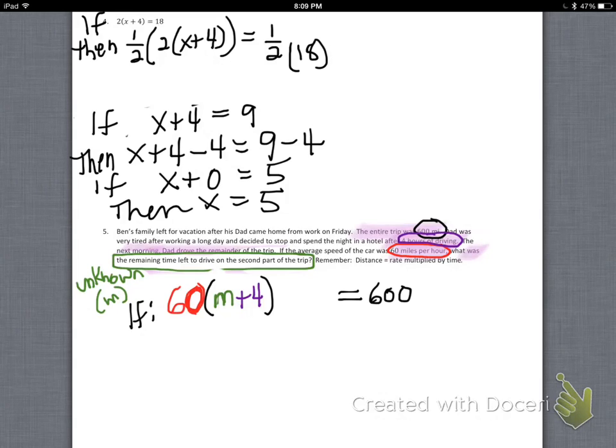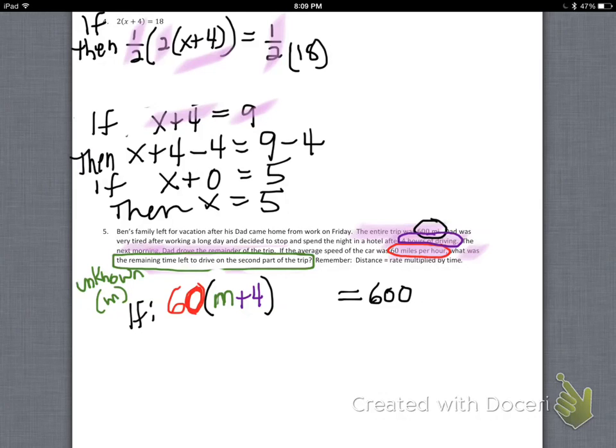This looks similar to others we've done. If 2 parentheses x plus 4 equals 18, then I'm going to take my multiplicative inverse of 2, because I'm trying to isolate the x on the left side and get that to 1. If I multiply 2 times 1/2, I end up with 1x plus 4, which is represented here, and half of 18 is 9, which is represented there.